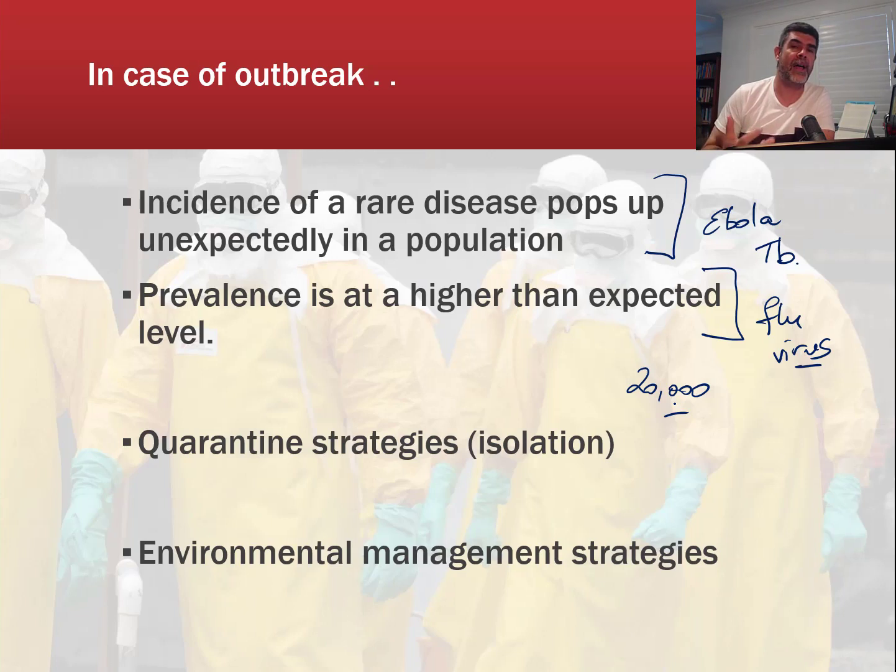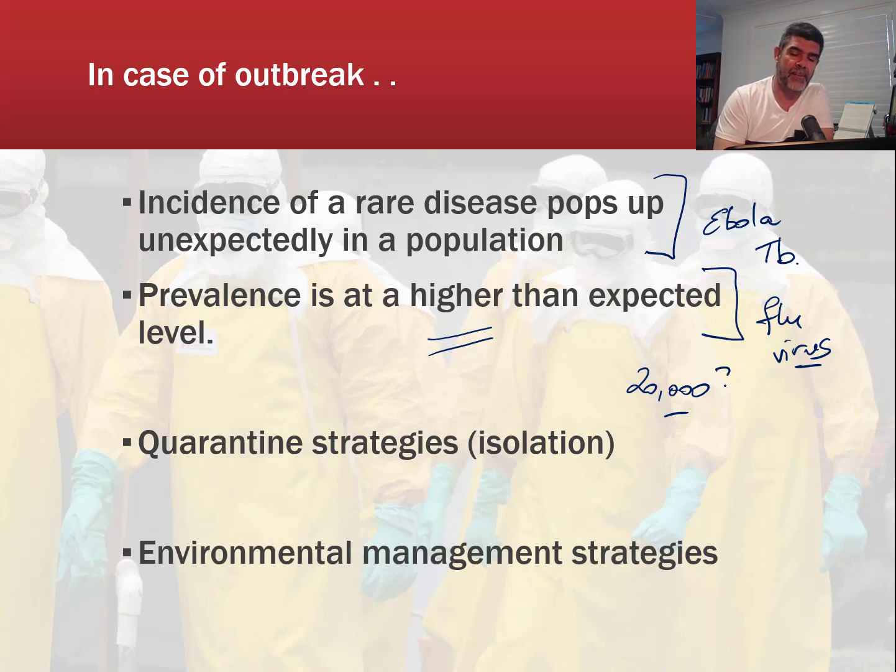This seems higher than usual for the number of people who are getting this particular disease. Maybe there's a concentration, maybe there's a change in the strain, maybe there's a variation in the resistance. So sometimes big numbers, higher than you expect. So yes, we expect there's going to be a bit of this in the population, but we didn't think the numbers would be quite as high as this.